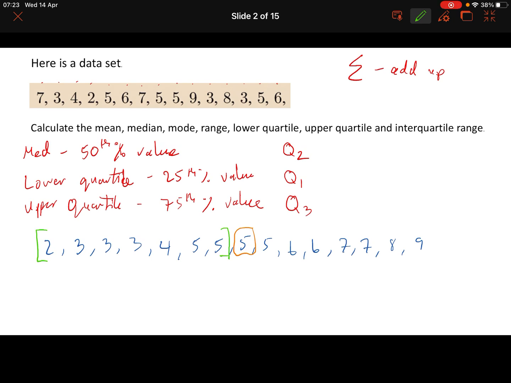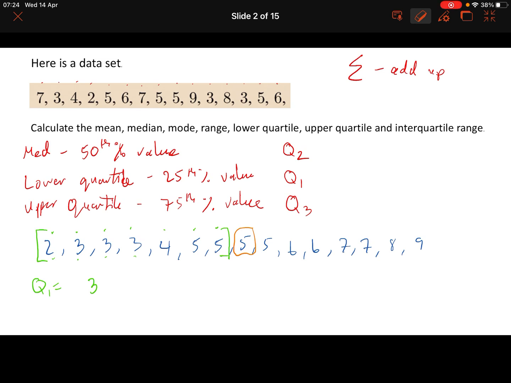So here we've got 1, 2, 3, 4, 5, 6, 7 values. So the middle of 7 is going to be the 4th value. 1, 2, 3, 4. So Q1 is going to be equal to 3, because the fourth value is 3. We're not looking for 4, we're looking for the fourth value.